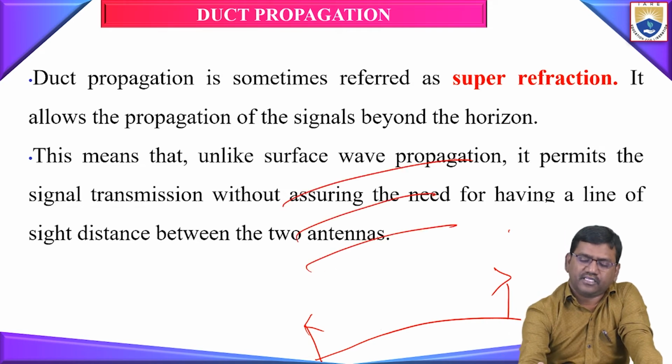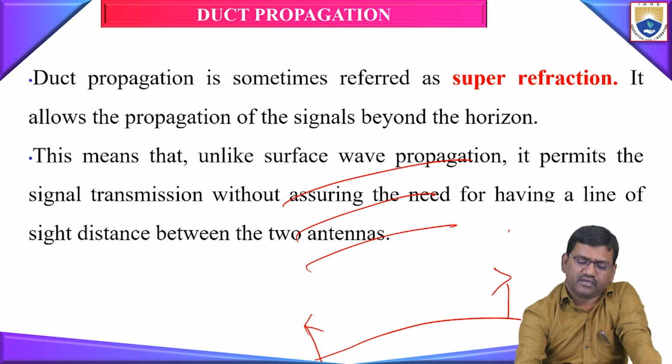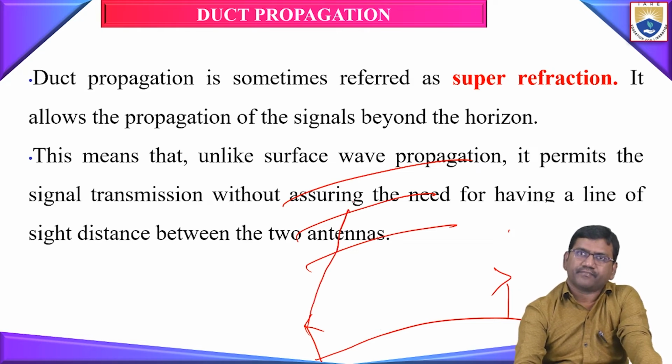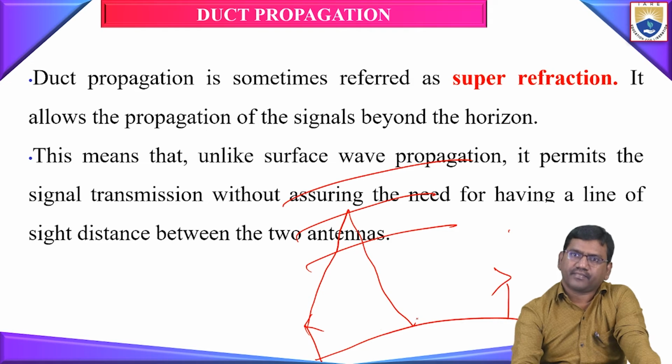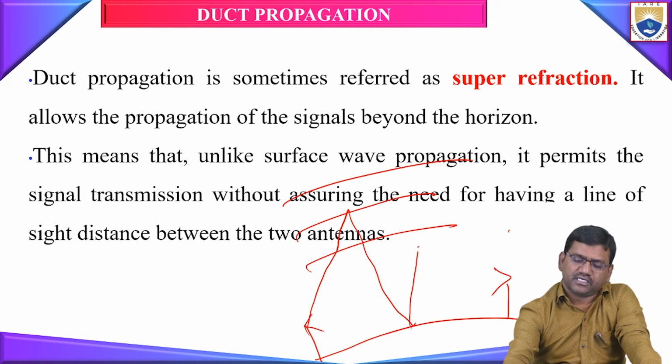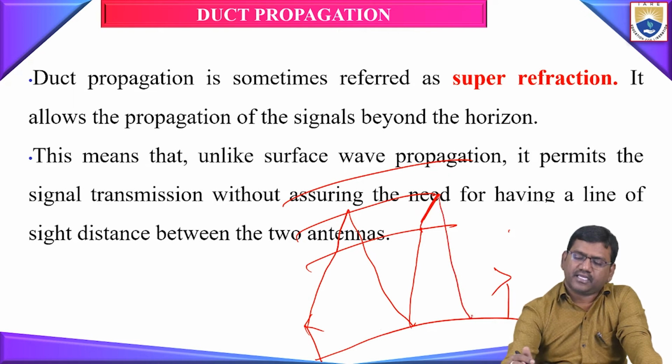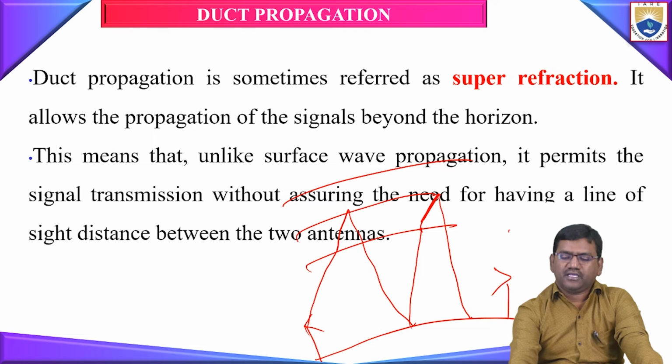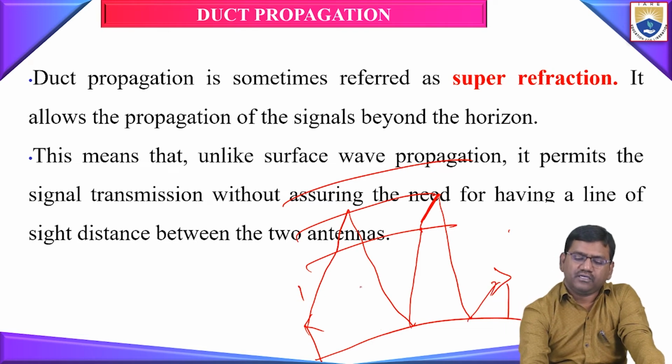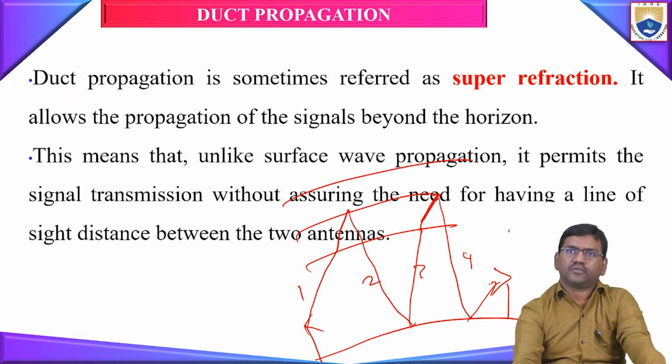As the wave is traveling here, one refraction is going to take place, and again it's going to strike the surface of the earth, and again it's going to reach another point here. Here again refraction is going to take place, and again it gets back to the ground, and from the ground it reaches the receiving point. So here there are 1, 2, 3 and 4.